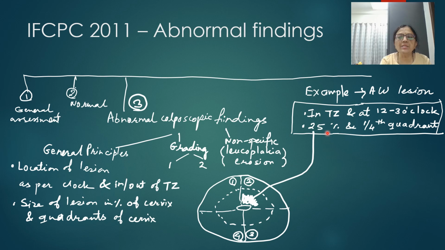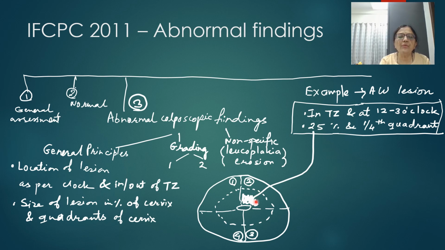So this example is an acetowhite lesion, and it is in the transformation zone. It is from 12 to 3 o'clock position. It is occupying 25% of the cervix, or it is affecting 1/4 quadrant. These are the four quadrants, quadrant 1, 2, 3, 4, out of which it is affecting one quadrant completely. That is why we say it is 1/4 quadrant.